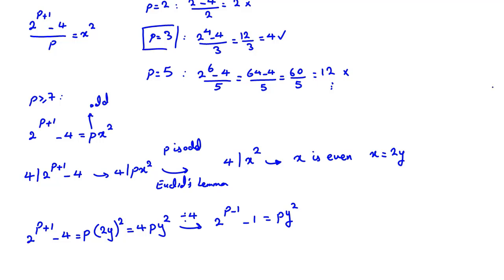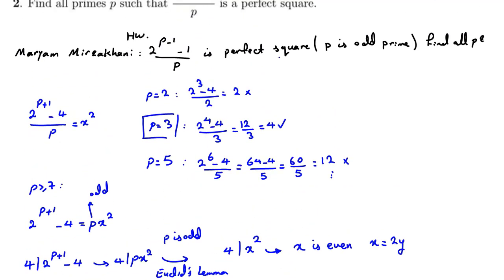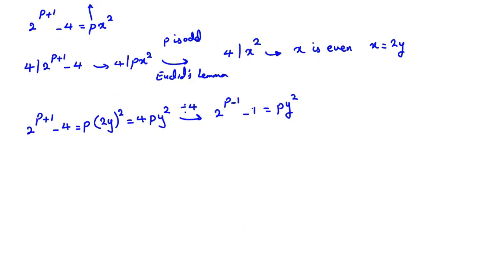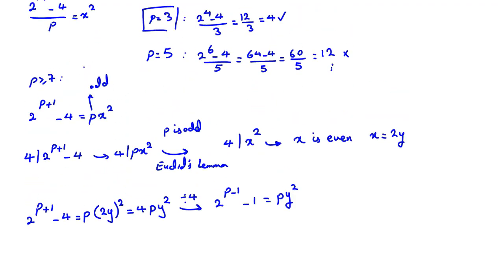From here, it will be exactly the same as the previous problem, (2^(p-1) - 1)/p. So here we factorize, because p is odd, and p we said is at least 7. p is odd, so p - 1 is even. So you can factorize the left hand side: (2^((p-1)/2) - 1)(2^((p-1)/2) + 1) = py squared.